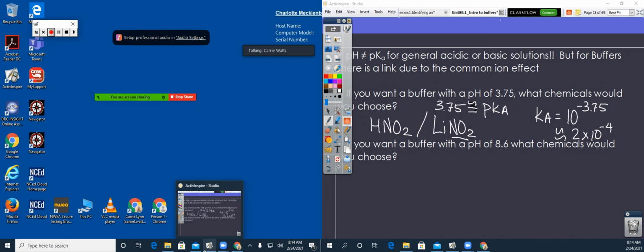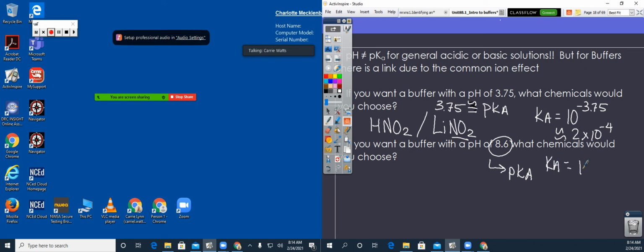All right, so I wanted a buffer of 8.6. So I said this is approximately my pKa, and then if I want my Ka, I'm going to take 10 to the negative 8.6.